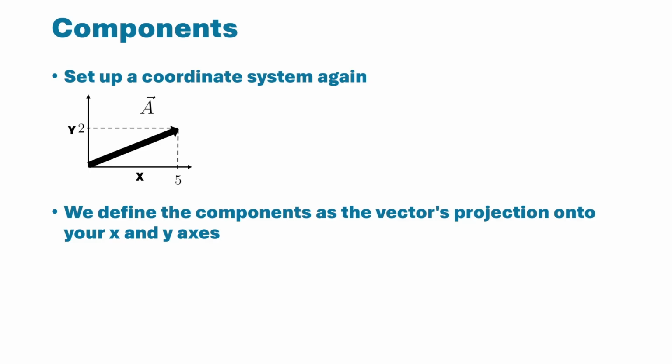So here it goes over on the x-axis 5 units, and up on the y-axis 2 units. So our x component of the vector is 5, and our y component of the vector is 2.